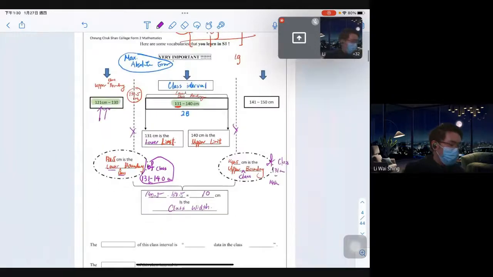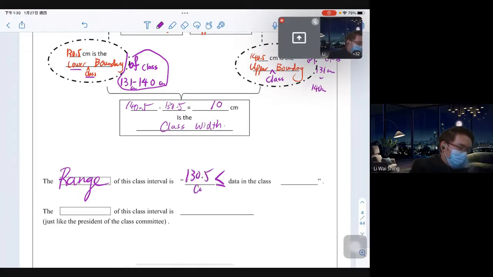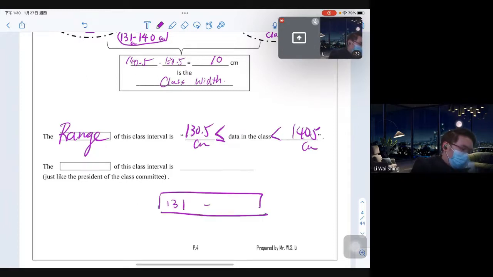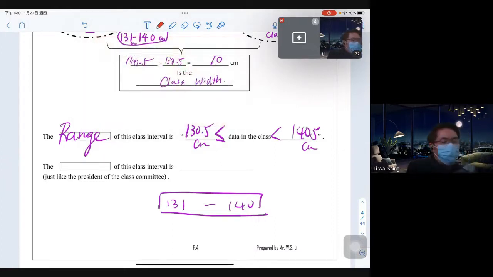Oh, the bell rings. At last, let me talk about this too. The range, you know that before, should be 130.5 cm to 140.5 cm. For the class 131 to 140, we need to choose one number to represent this class. We will choose the middle point. We call it the class mark.